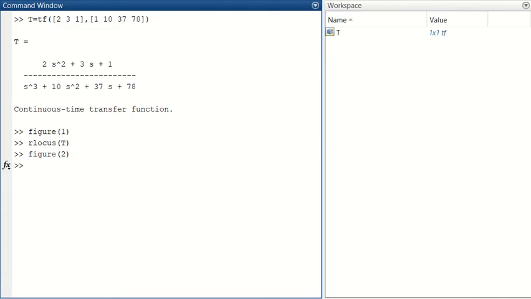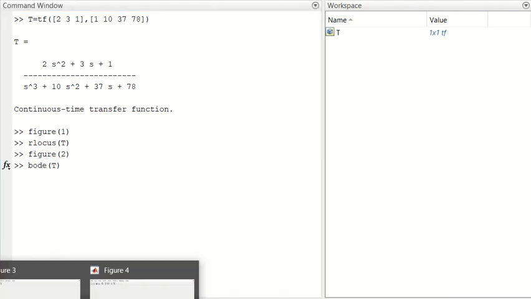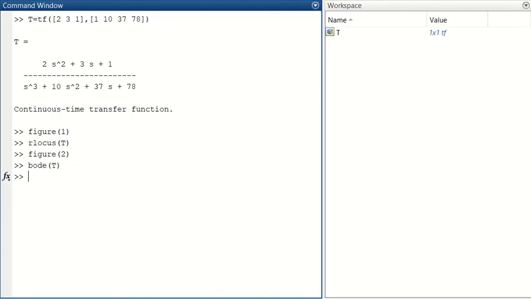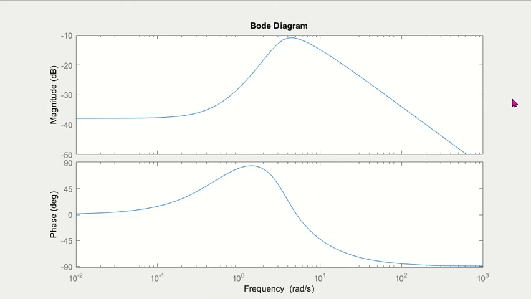Then to obtain the Bode plot we simply write bode, the transfer function t, and what we get will be in figure 2. Here is how the Bode plot for the given transfer function looks.